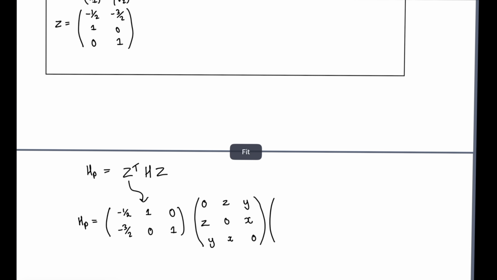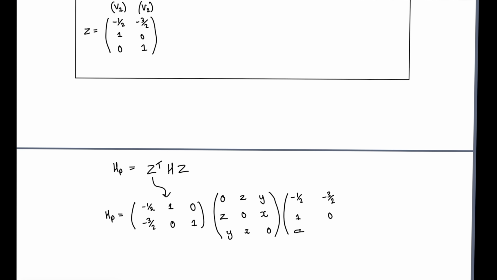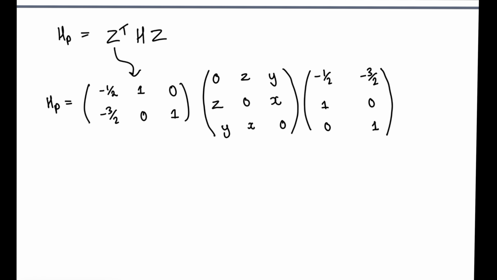And then the matrix Z is just -1/2, -3/2, 1, 0, 0, 1. Okay, so this is a 3 by 3 matrix, this is a 3 by 2 matrix, and this is a 2 by 3 matrix.